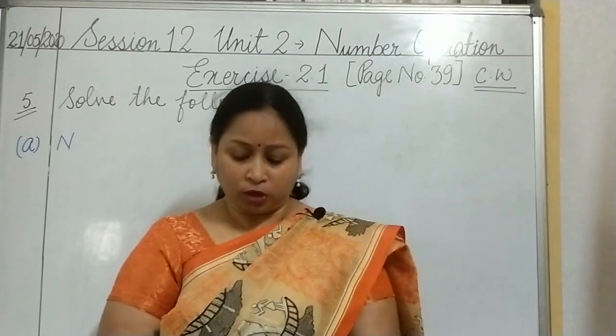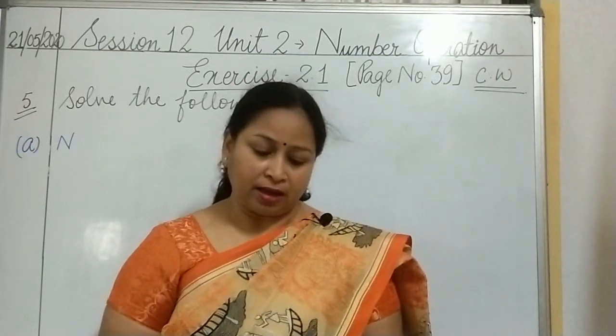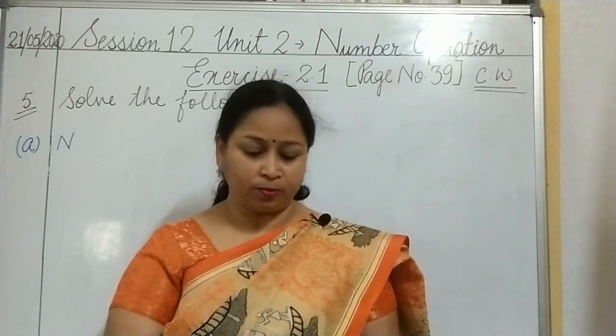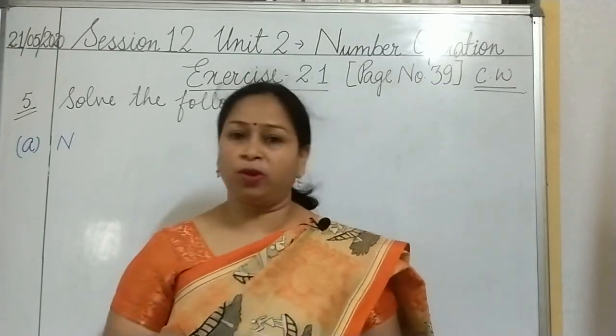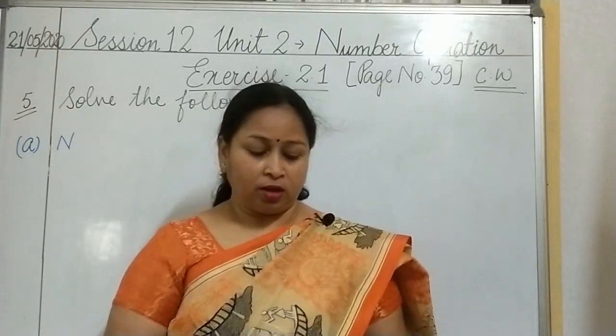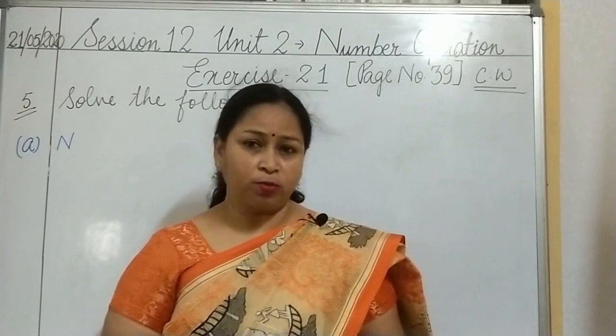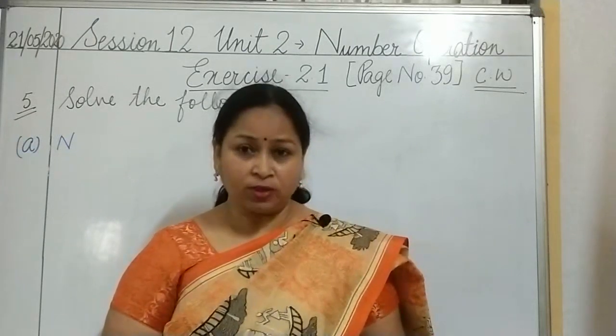Then question number 5 is the word problem. I'll just read out the question for you, and there are 3 word problems. Out of those 3, we are going to do only 2. So the question is, a fruit merchant, you know who is a fruit merchant? The fruit seller.